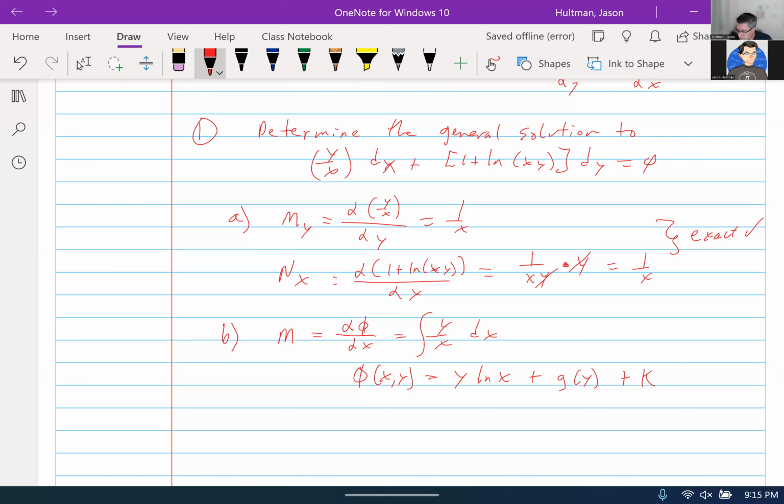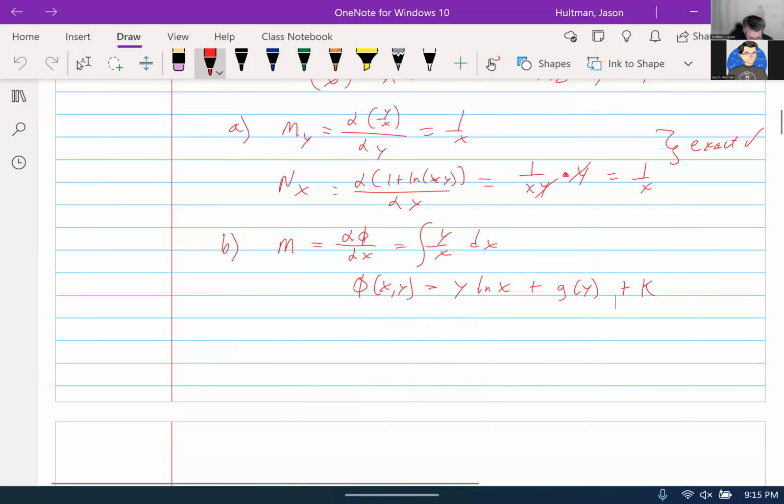The g of y would go away because it's treated like a constant, and the k would go away because it is a constant. But we're going to let k equal 0 because we only need one potential function. We don't need a family of functions.